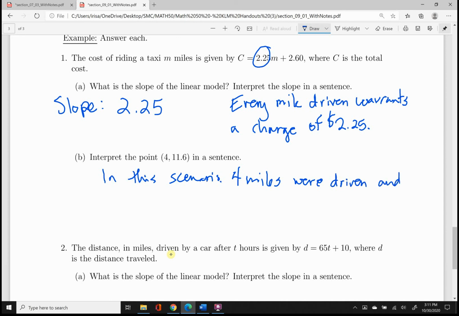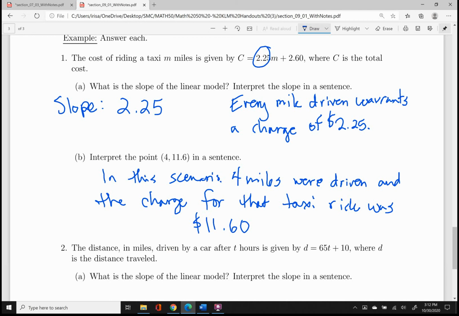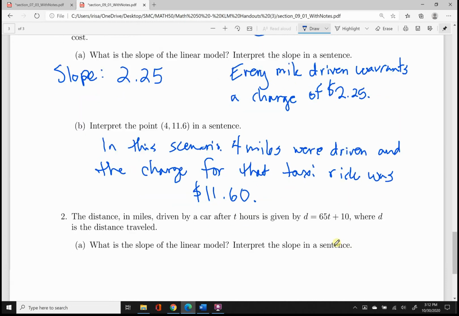And the charge for the taxi ride was $11.60. All right, cool. Moving on to the next thing.